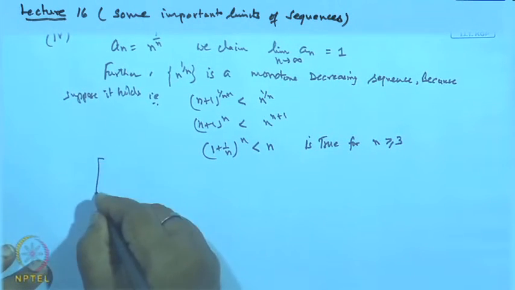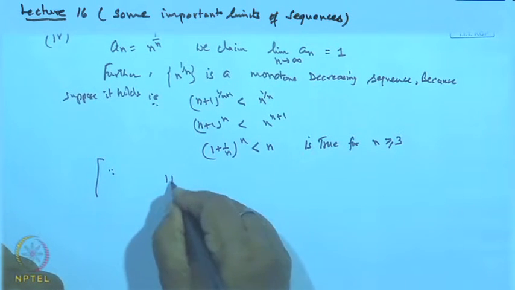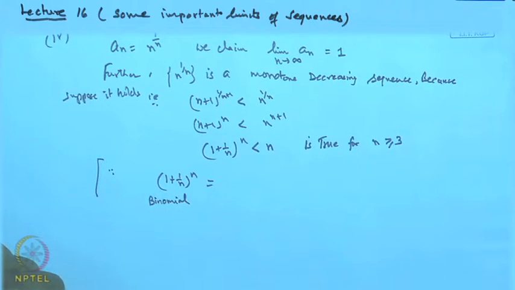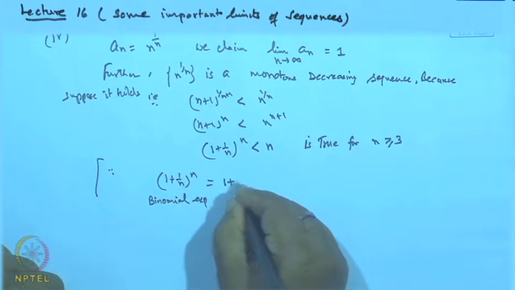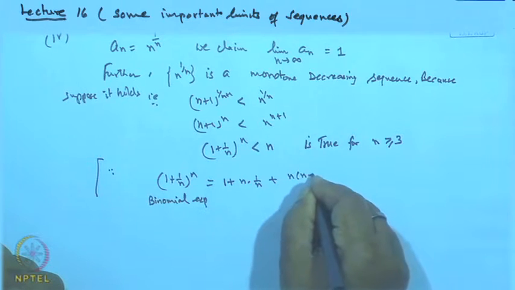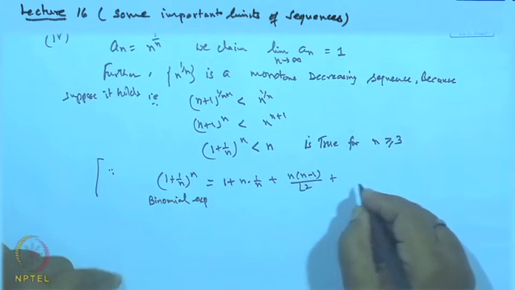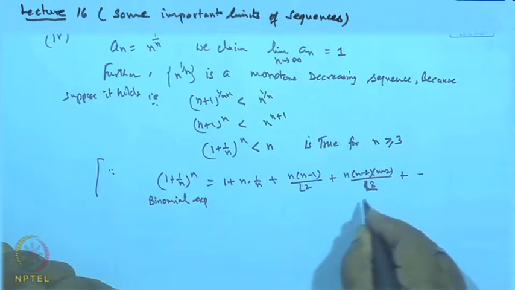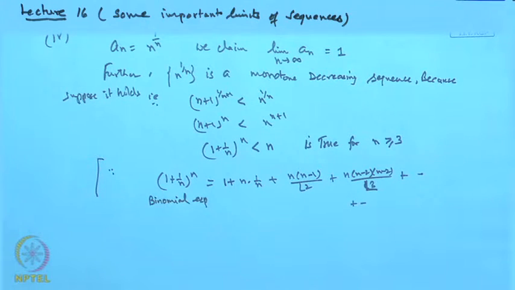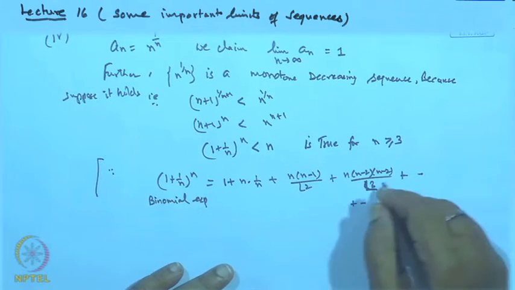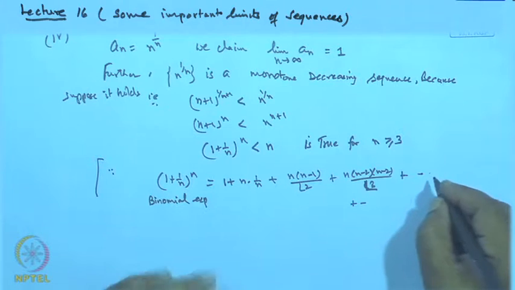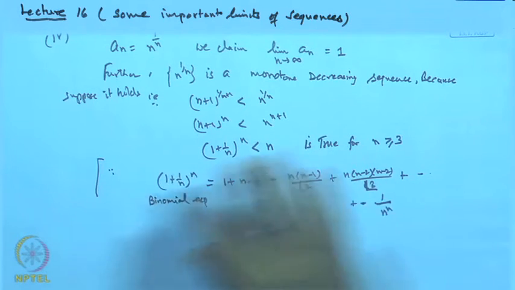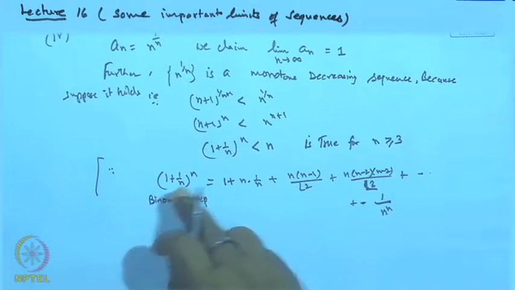The reason is that we apply the binomial expansion to (1 plus 1 by n) to the power n: 1 plus n x plus n(n minus 1) over factorial 2 times x squared, and so on, up to the last term, which gives 1 by n to the power n. Clear? It is just the binomial expansion.